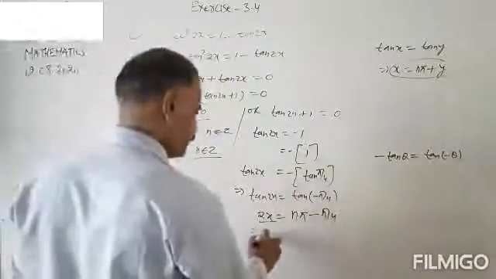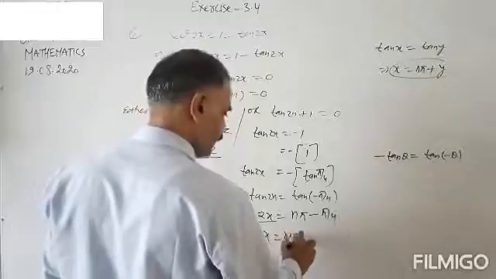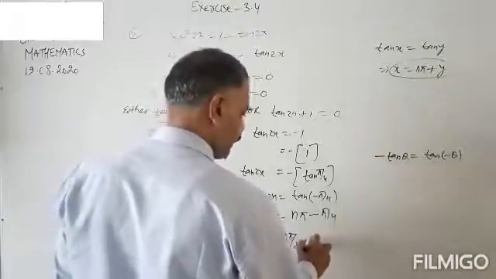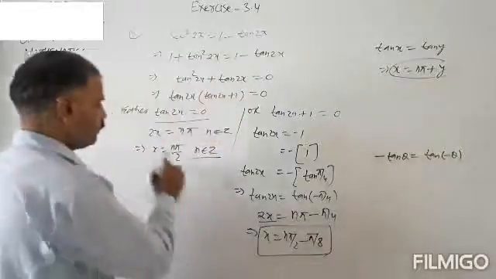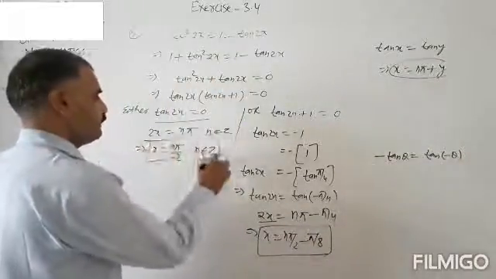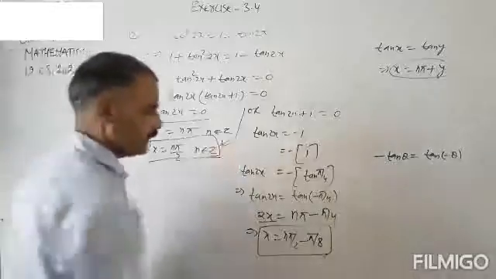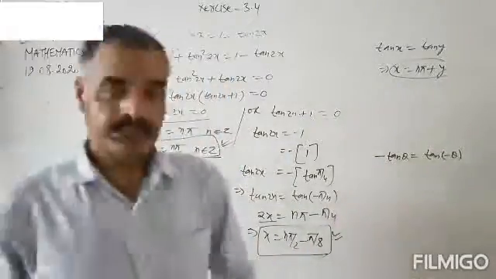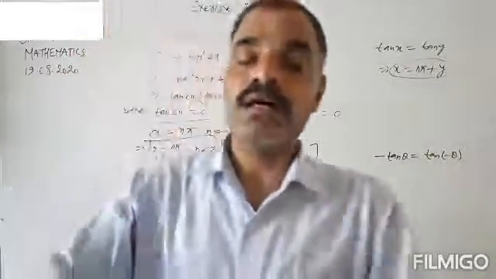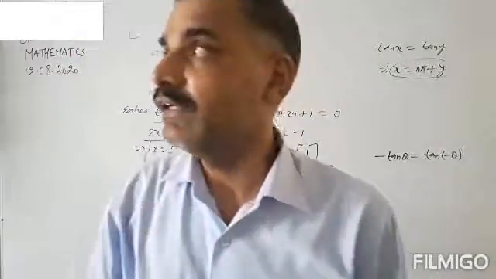And x equals n pi by 2 minus pi by 8 after dividing by 2. So the two general solutions of the given trigonometric equation are the first one and the second one. In this way we can solve other trigonometric equations also.